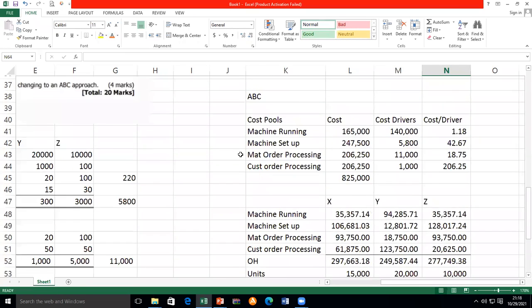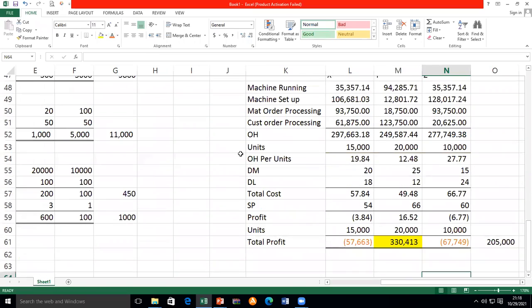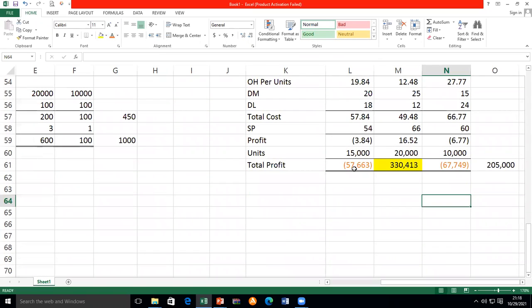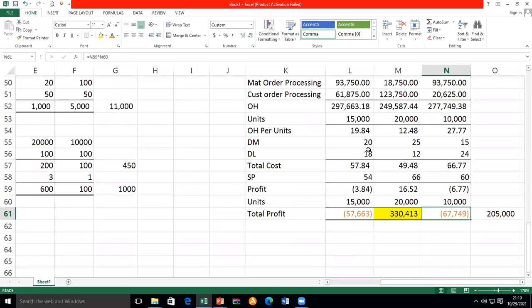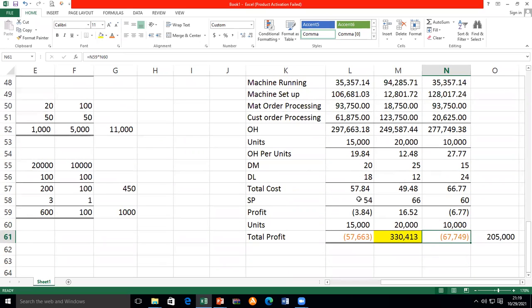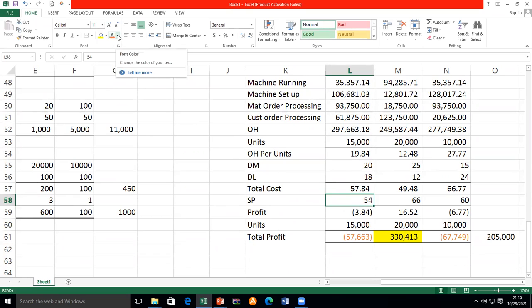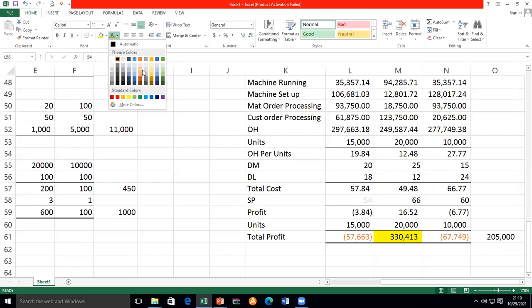So, is ABC useful? Yes, because it's telling us now that we have a problem here and there. We need to cut the cost, need to cut the overheads. How do you cut the overhead? Reduce the number of cost drivers. Alternatively, we must go and renegotiate the what?